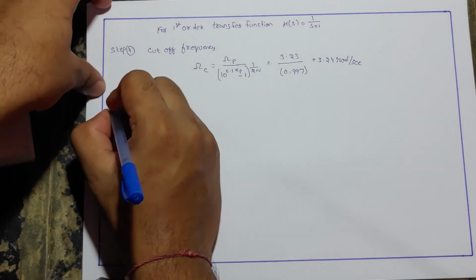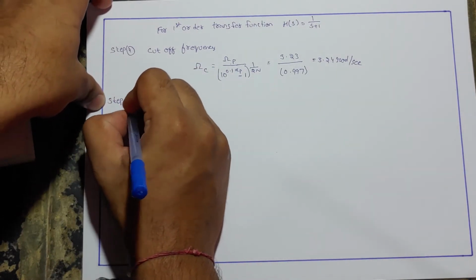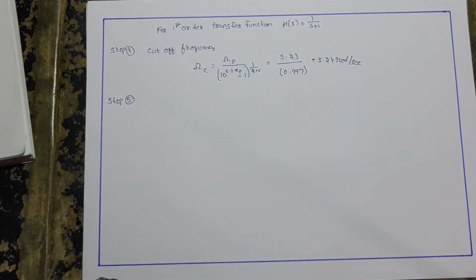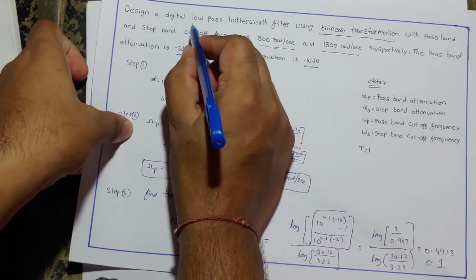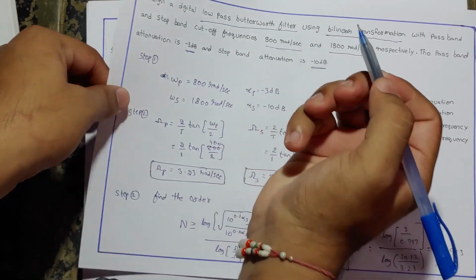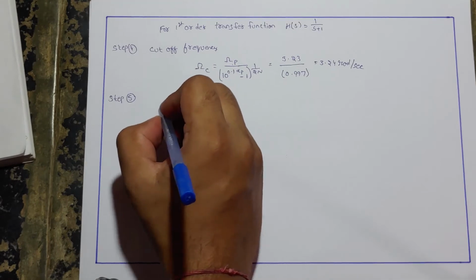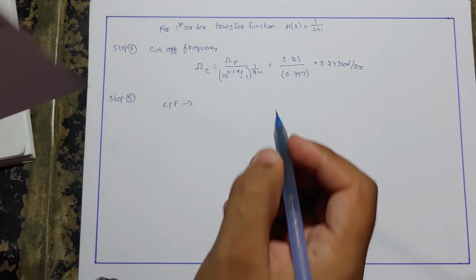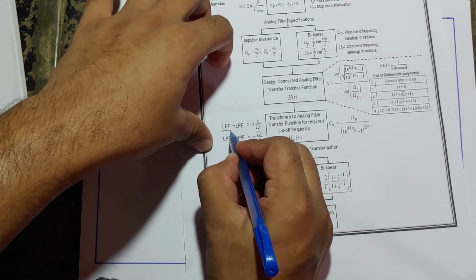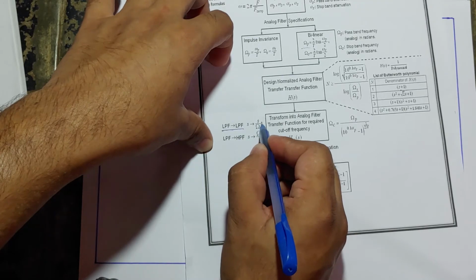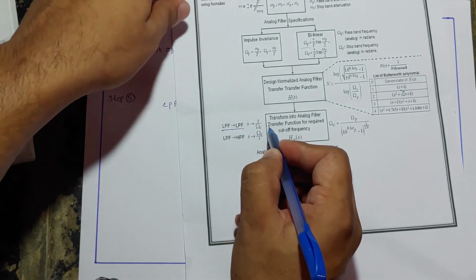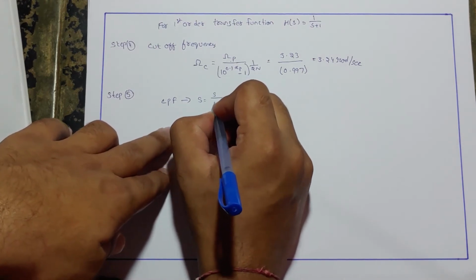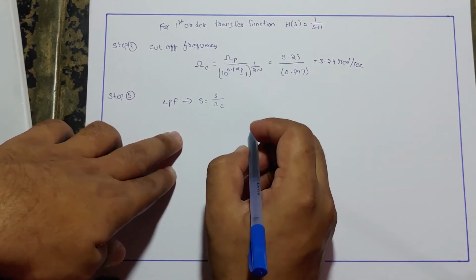And in the next step, step 5, we have to find the question first. In this case it was asked for a low pass Butterworth filter. We have to find the low pass filter, that is this. In this case, for a low pass filter, s will be replaced by s by omega c. So s is equal to s by omega c, the cutoff frequency.